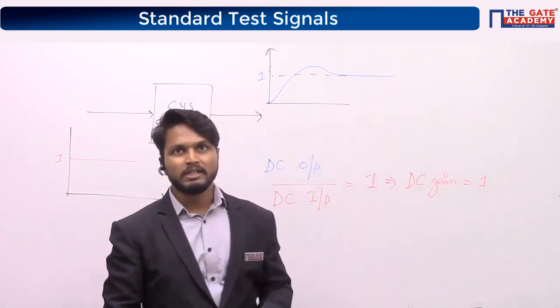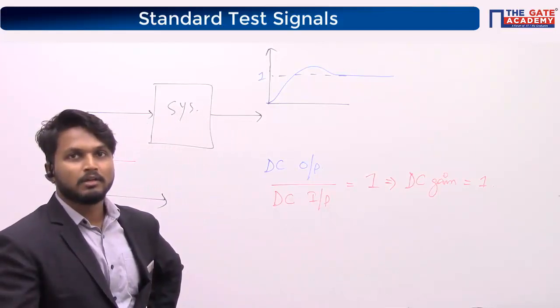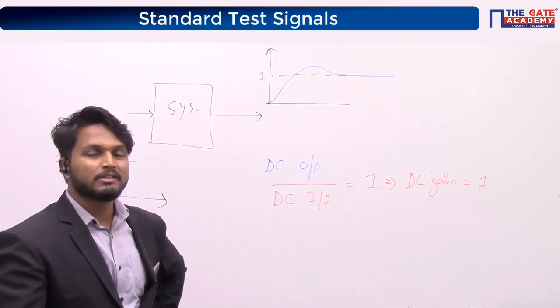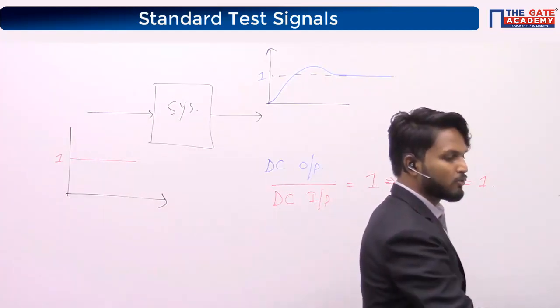This is the clue he is giving through the last three lines. He is not asking the transfer function, he is asking the impulse response of the system. Just look at the question once again.